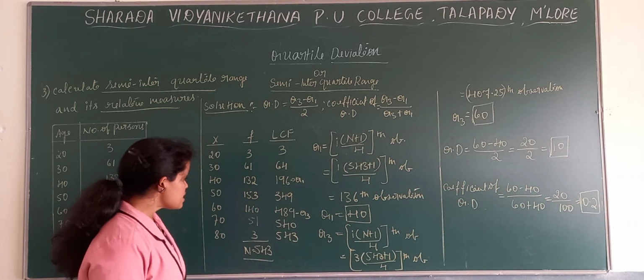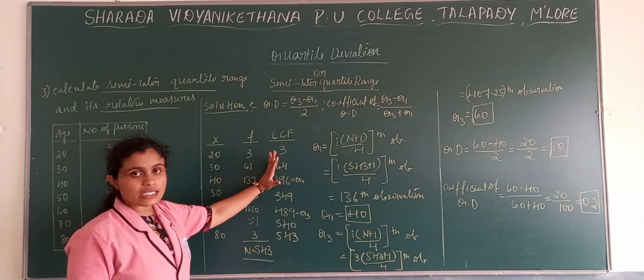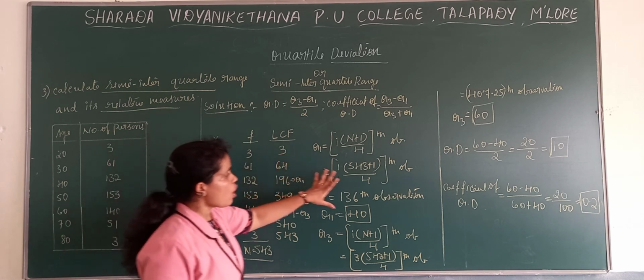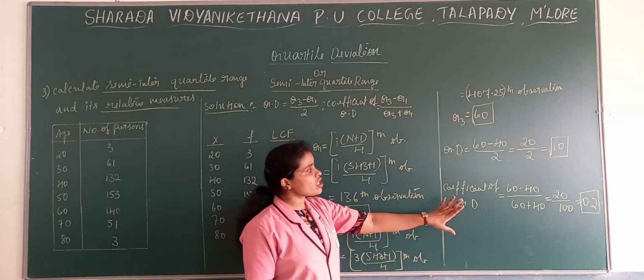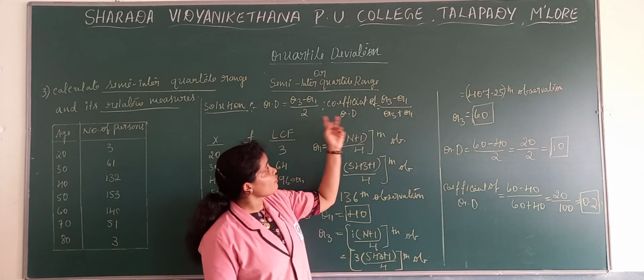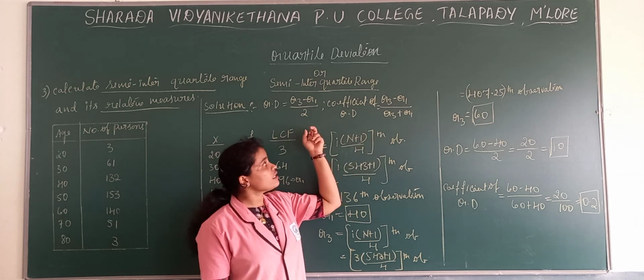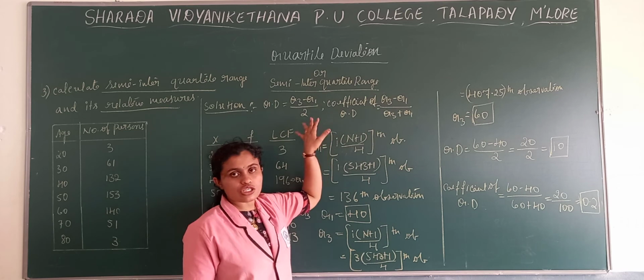So see this, how to find out quartiles for discrete, continuous as well as ungrouped. We have already seen in the last topic, and here the extension is just, after finding out Q1 and Q3, you have two more formulas, that is quartile deviation and its coefficient. You just need to substitute into these two formulas.